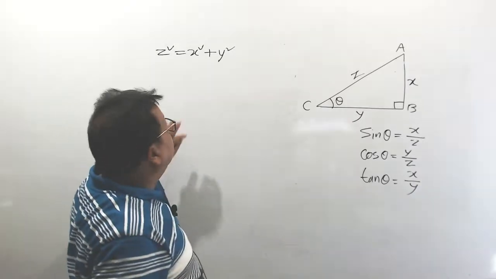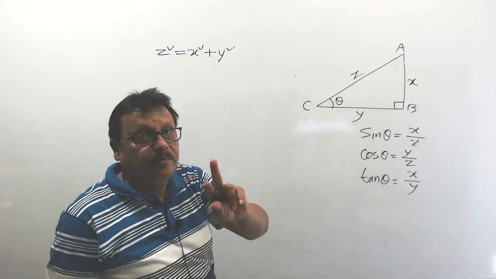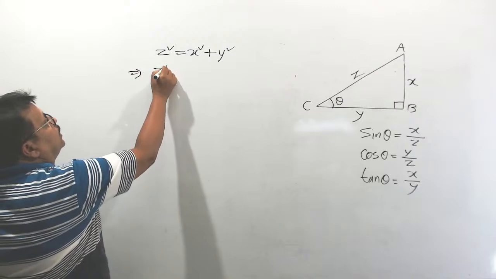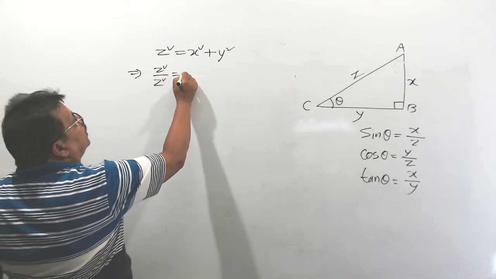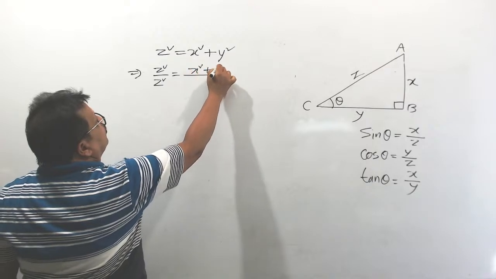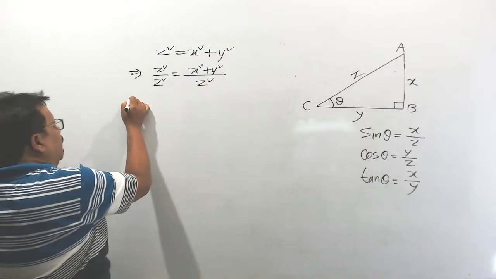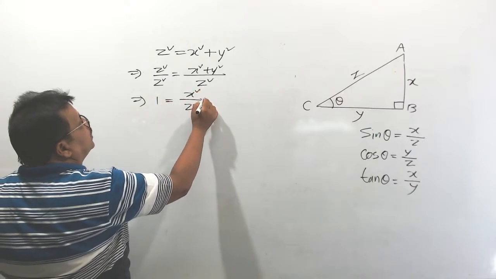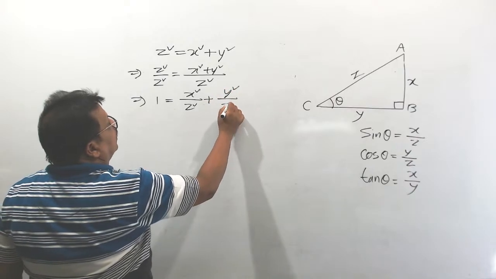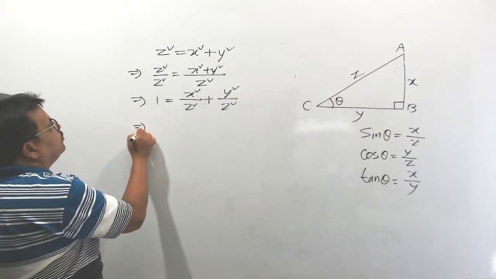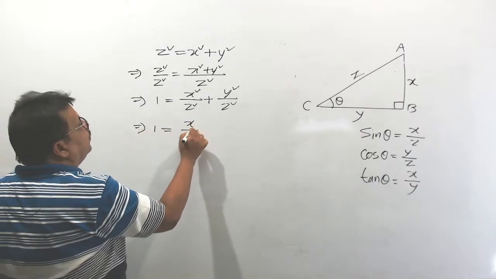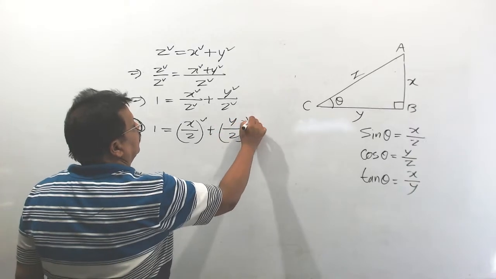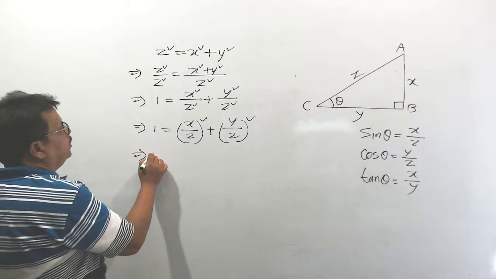Do one thing, divide both sides by z square. What will you get? Z square by z square is 1, that means x square plus y square by z square. So 1 is equal to x square by z square plus y square by z square. This implies 1 is equal to x by z whole square plus y by z whole square.